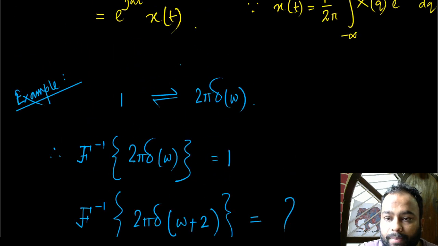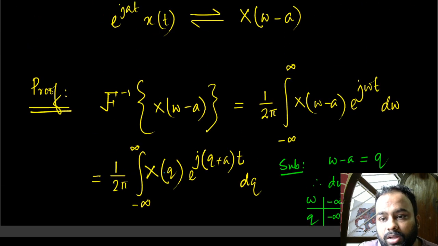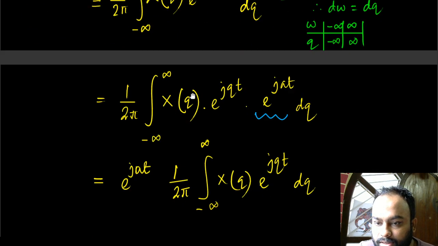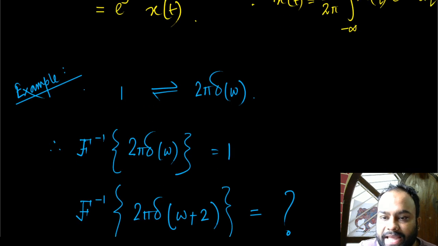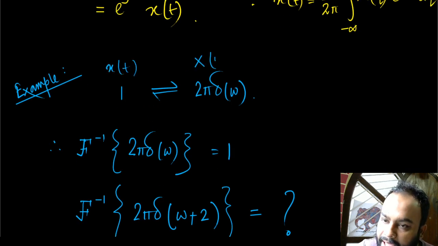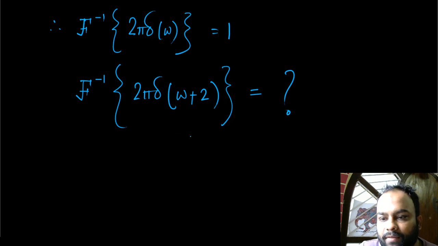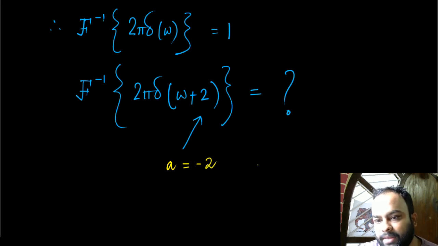So let's go back to the property here. So if this is omega minus a, then this is going to be this, right? So this is x(t), this is X(omega), and this is omega minus a. So technically for us this a is just minus 2, because we derived the property with omega minus a.